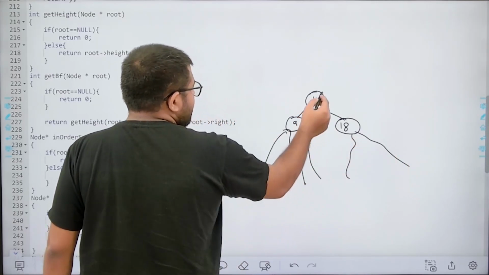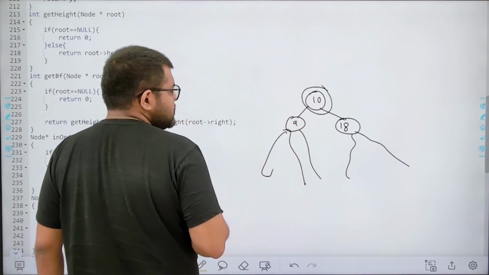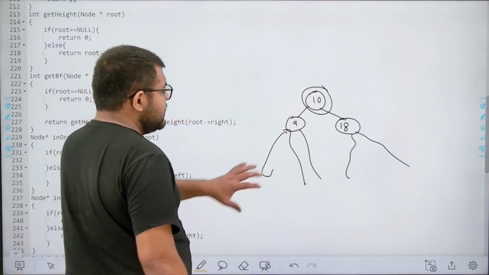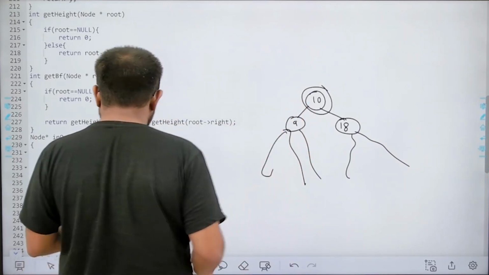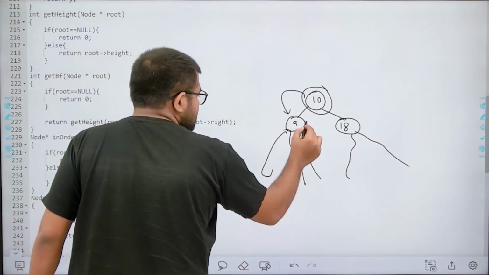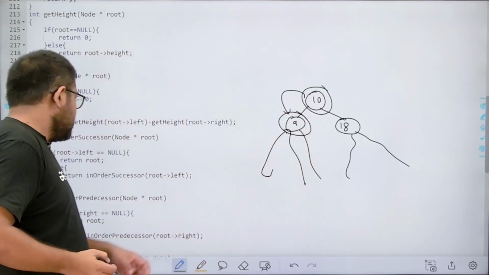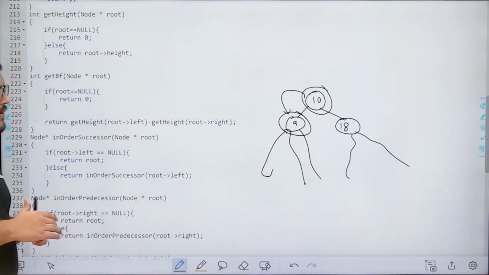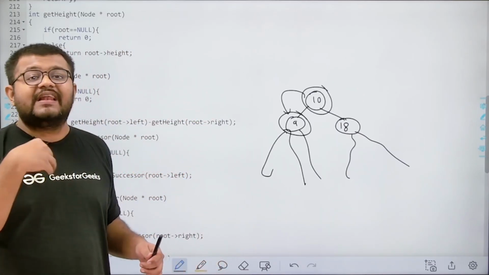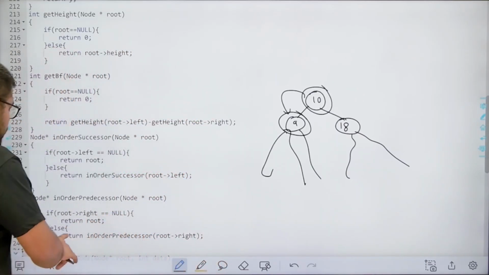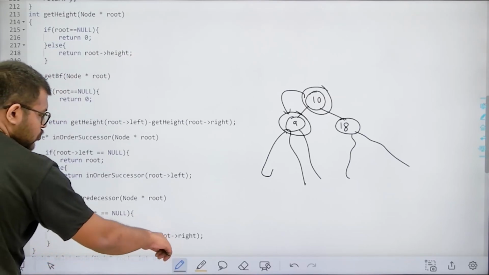Now I want the in order predecessor of this, so it is the largest value on the left hand side of it, right? So I'll call the in order predecessor function and pass in this node pointer. What it will do is keep on going towards the right hand side, because for that subtree I want the largest value. So if root right is not null, go on the right hand side.